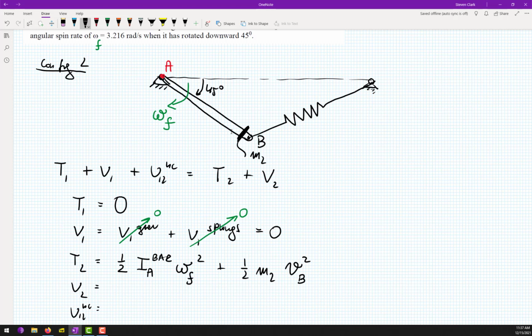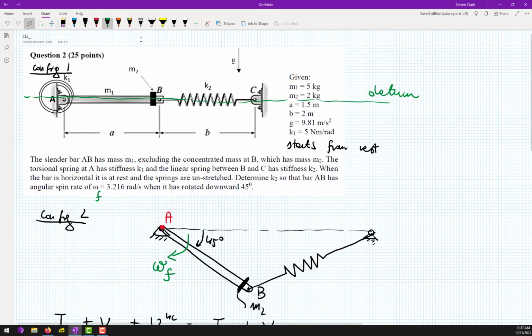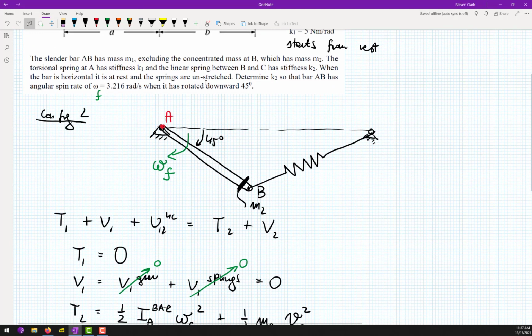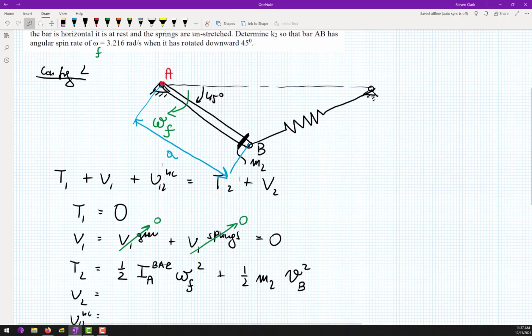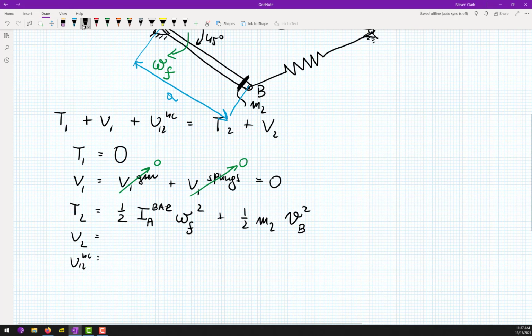Okay. Let's relate V_B and omega_F. This distance is A, by the way. So V_B will be omega_F A. Just that?